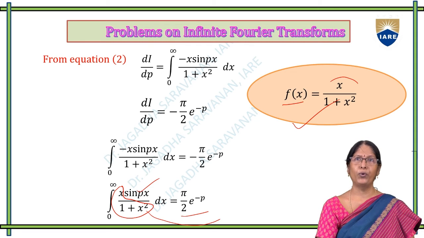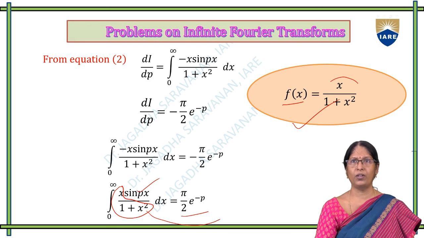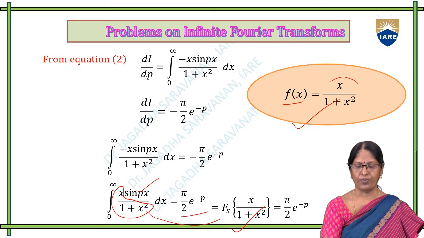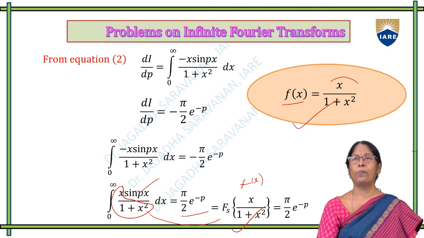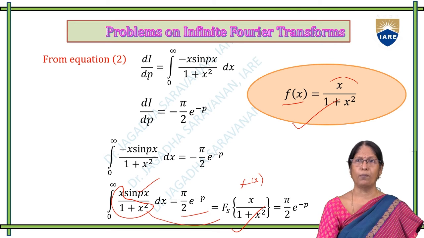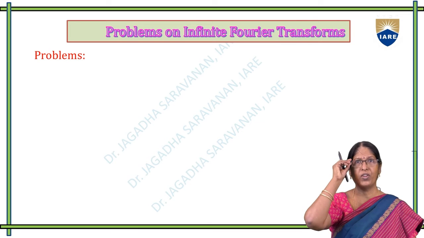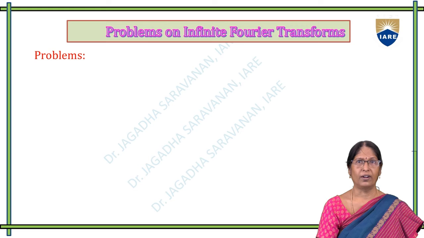So instead of doing the long way from the first part of the solution, with that help we derived the second part of the problem. Here it is very clearly mentioned, the Fourier sine of f of x is equal to pi by 2 e power minus p. So the first problem we concentrated on in detail.